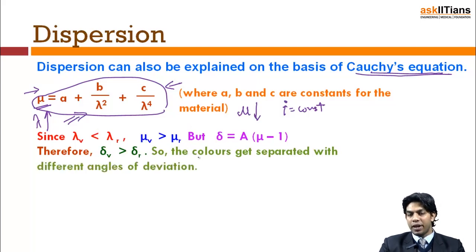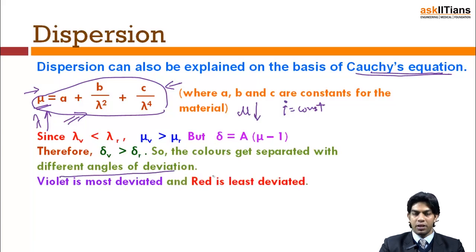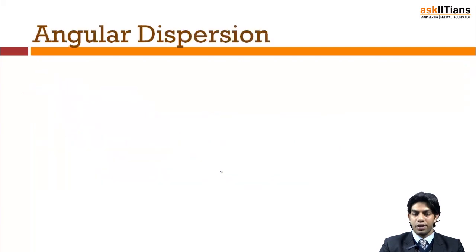So the colors get separated with different angles of deviation, and violet is most deviated because lambda is very low, and red is least deviated because lambda is very high. For red, mu is very low, and as refractive index decreases, the angle of refraction is very close to the value of the angle of incidence.